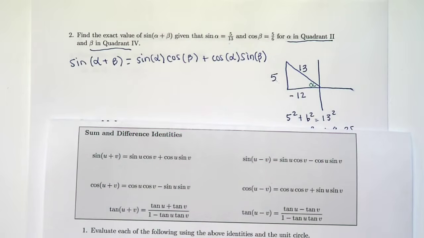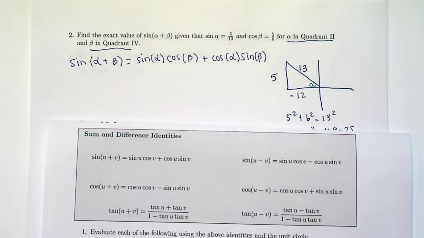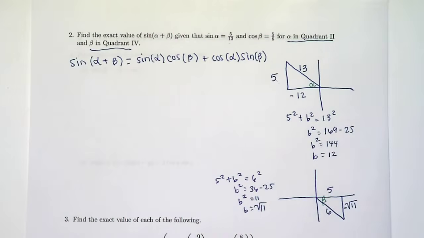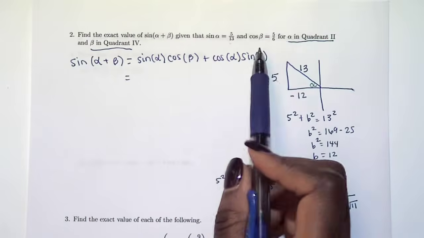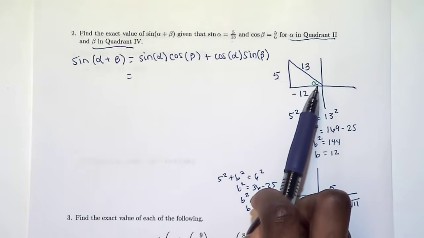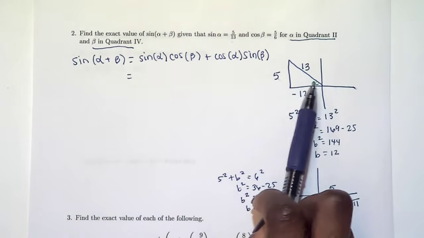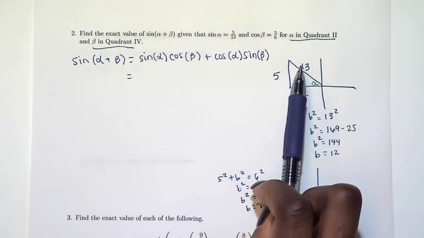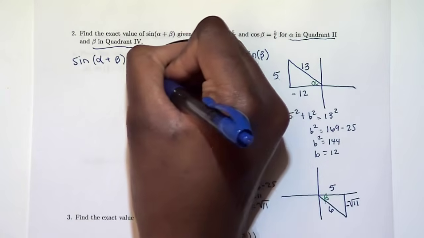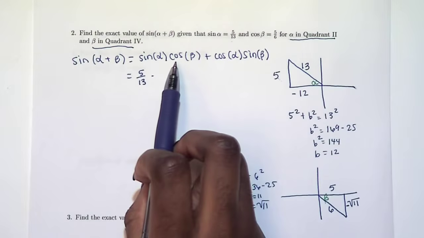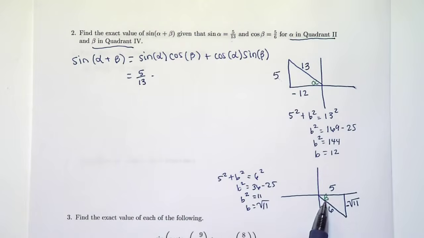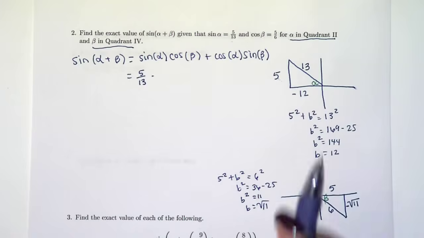We actually know all of these things because we drew the appropriate triangles in the right quadrants. Sine of alpha, well, we were actually given that, but we could use our triangle: 5 over 13. Cosine of beta, so we go to our beta, that's 5 over 6.